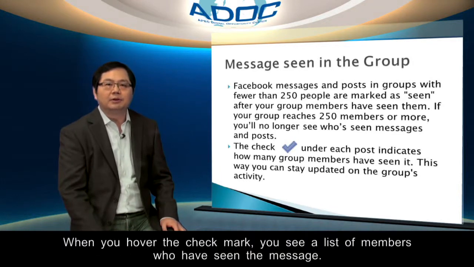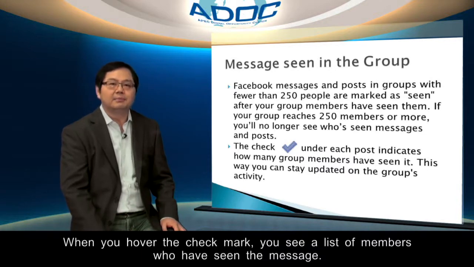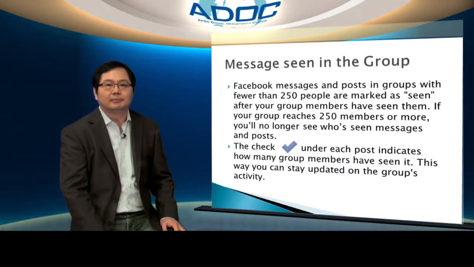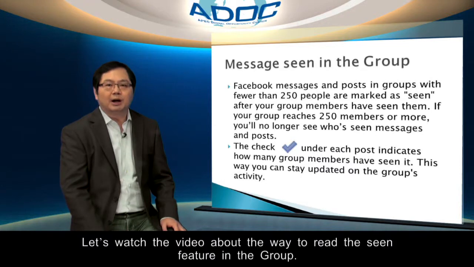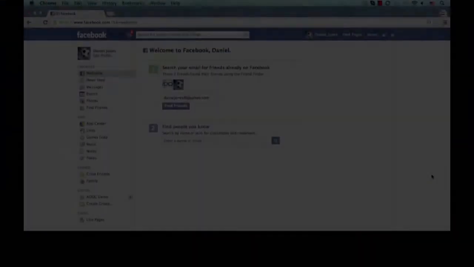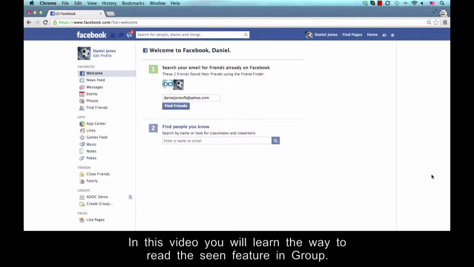When you hover over the check mark, you see a list of members who have seen the message. Let's watch the video about the way to read the Seen feature in the group. In this video, you will learn the way to read the Seen feature in a group.